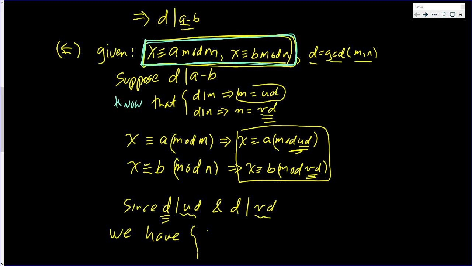We have x is congruent to a mod d, and x is congruent to b mod d.